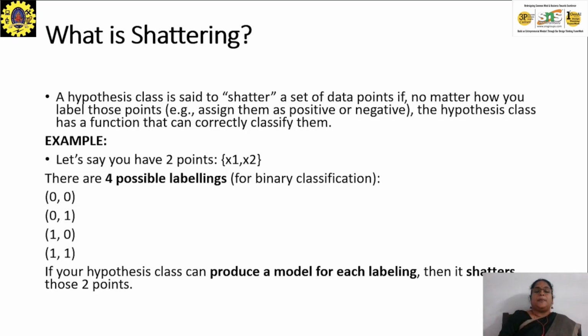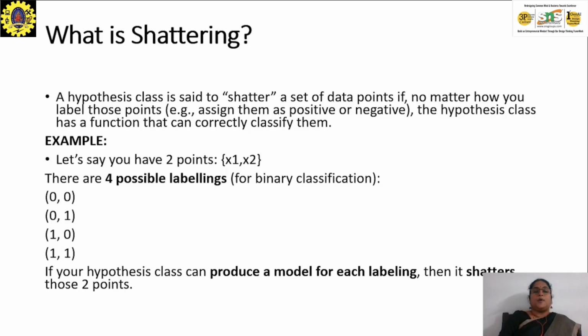Here I have displayed one example which has 2 points, x1 and x2. There are four possible labelings. If you consider it as a binary classification, we have the combinations 0 and 1. How can we map these 2 points?